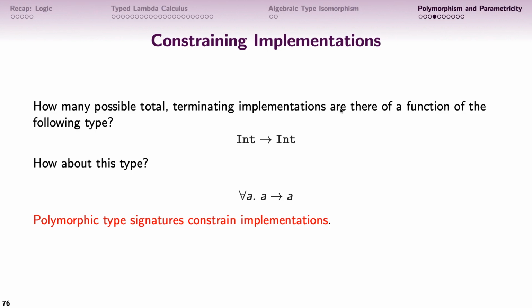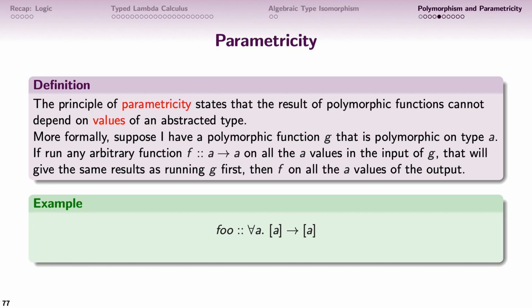There's also a mechanical way to come up with the theorems that these type systems provide us. So let's look at some examples. The principle here is called parametricity. And what it says is we cannot depend on the values of a particular type that is parametric here.